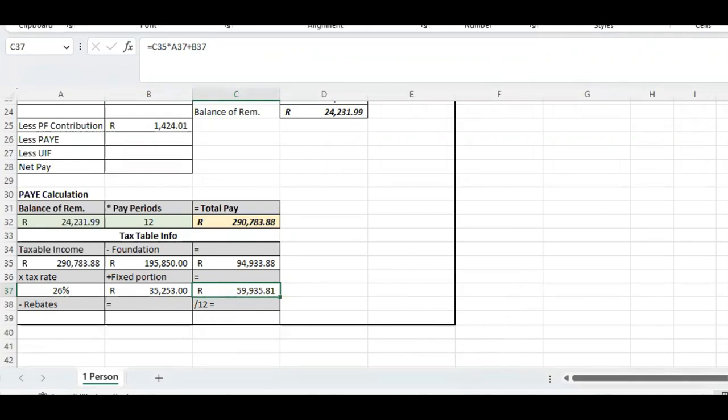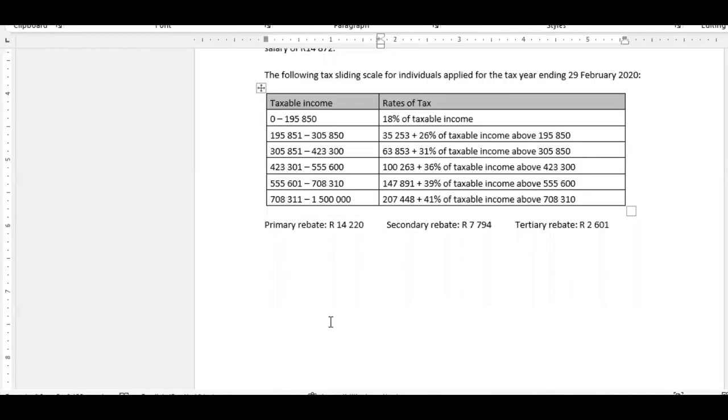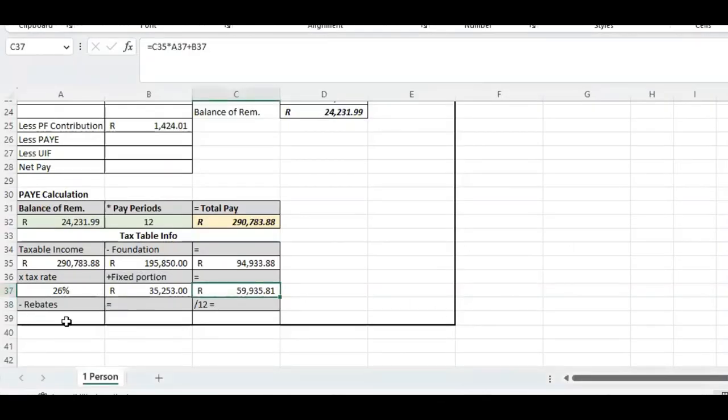So in his case, remember, he's in his 40s, so he only gets the primary rebate that is given here as 14,220. So let's go back here and say, okay, we have to subtract that 14,220. And then we get the full amount of tax that he has to pay during the year.